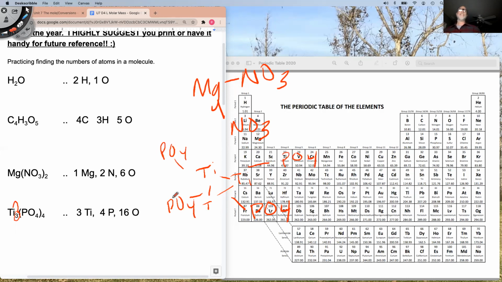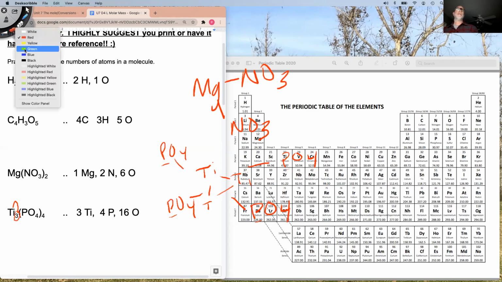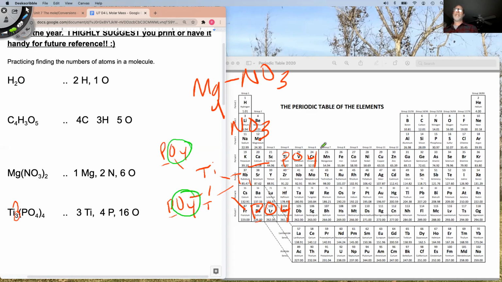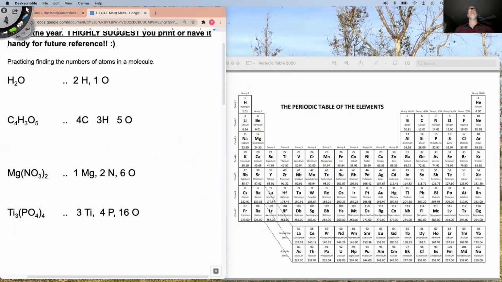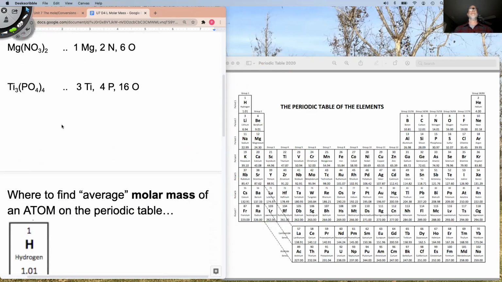And so if I asked you, how many phosphates would you have? You have 1, 2, 3, 4 phosphates. How many oxygens? Well, you can see we have 4 oxygens there, 4 more, which is 8, 4 more, which is 12, 4 more, which is 16. That is how you work out these problems. So let us continue.